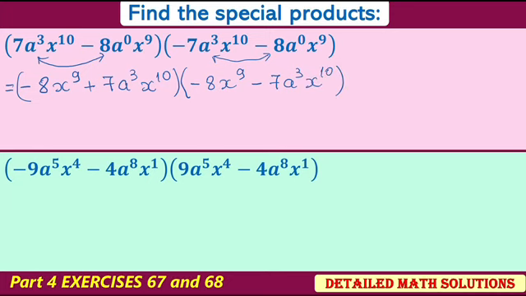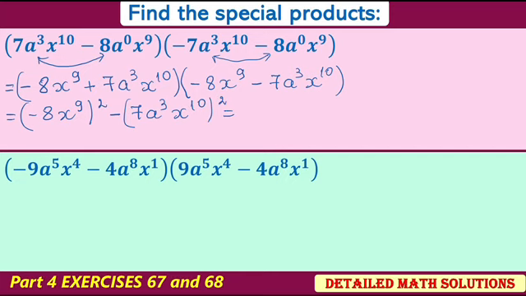This way, now, the term minus 8x to the 9th power will correspond to the a in the formula, and the second term 7a to the third power x to the 10th power will correspond to the b in the formula. And this will equal minus 8x to the 9th power in parentheses squared minus 7a to the third power x to the 10th power in parentheses squared.